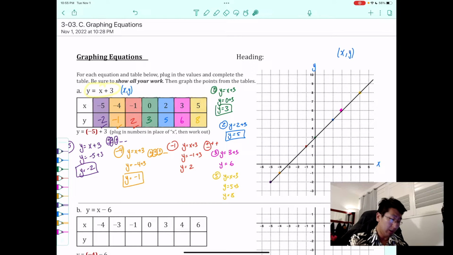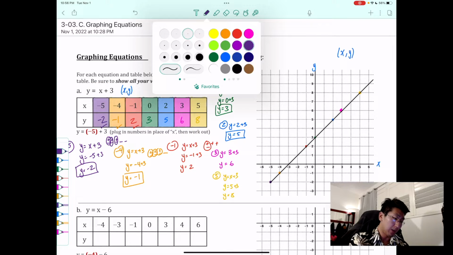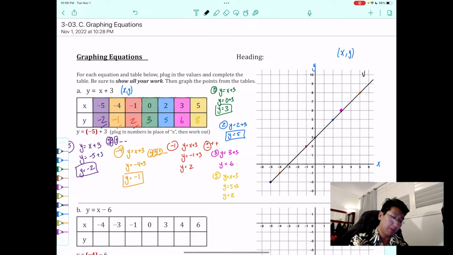This is our equation, y equals x plus 3. And when x is 0, y is 3. When x is 5, y is 8. Because 5 plus 3 is 8. 0 plus 3 is 3. So that's how we get the y value.